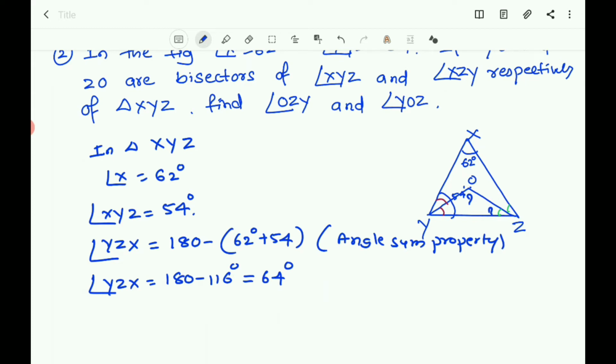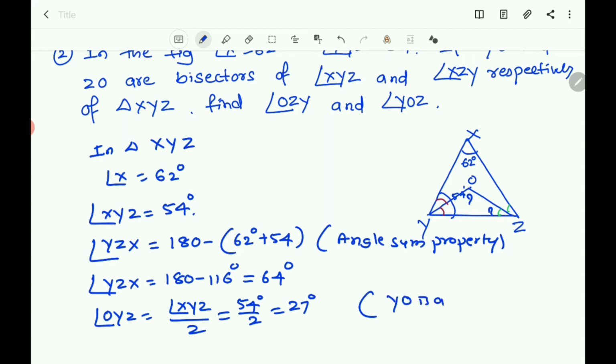So you take the angle OYZ. Angle OYZ is half of the angle XYZ, because here OY is a bisector. What is the measurement of XYZ? That is 54 degrees by 2, so it is 27 degrees.